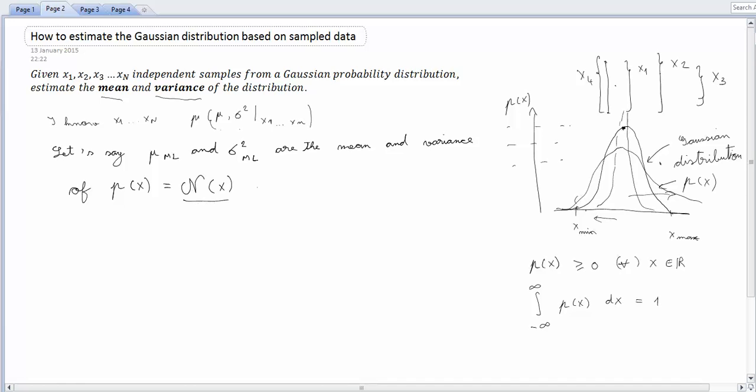And now, after we know this, let's maximize the probability of the data set.